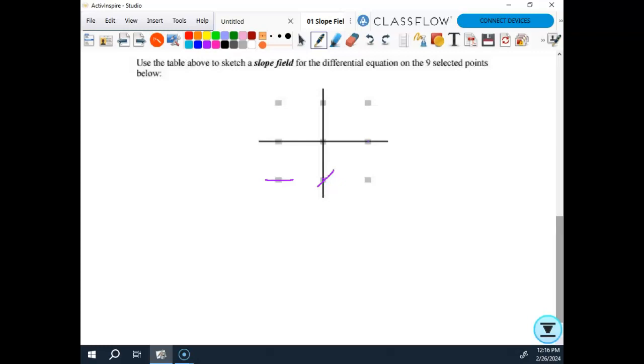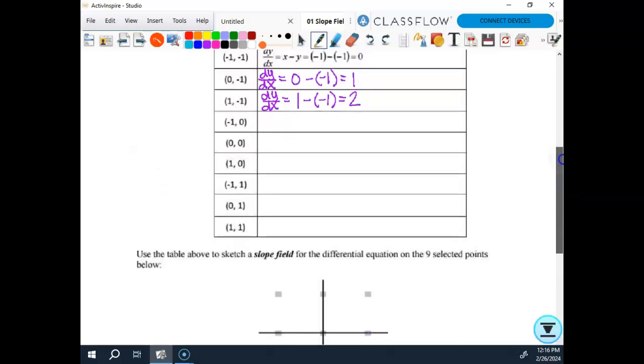So if this would be 1, then I'd go up 2 over 1, so I'm aiming for that. My jacket did that. Let me redo both of those. You definitely want to make it look steeper than the other one. We good with that?